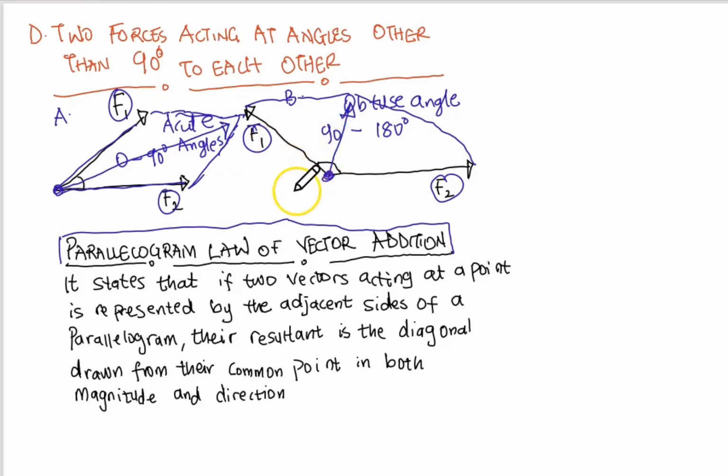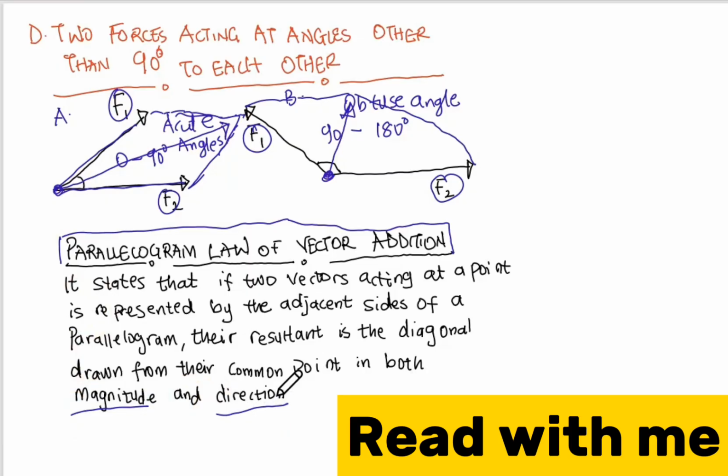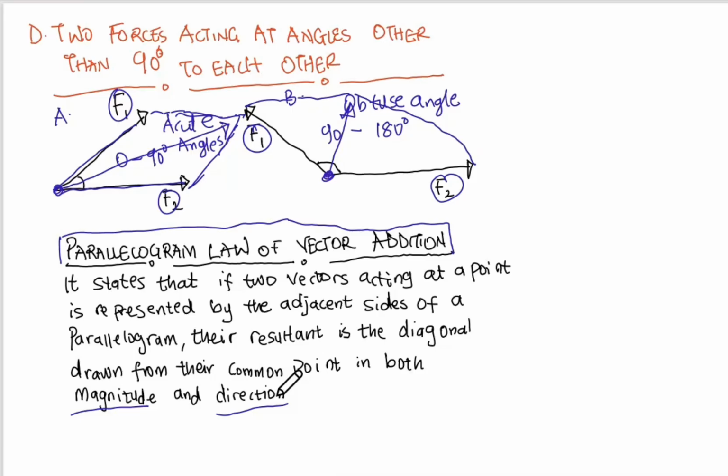This diagonal represents the resultant in both magnitude, because these are vectors, and direction. So you should be able to state this law: the parallelogram law states that when two vectors act at a point and are represented by the adjacent sides of a parallelogram, the resultant is the diagonal drawn from their common point, in both magnitude and direction.